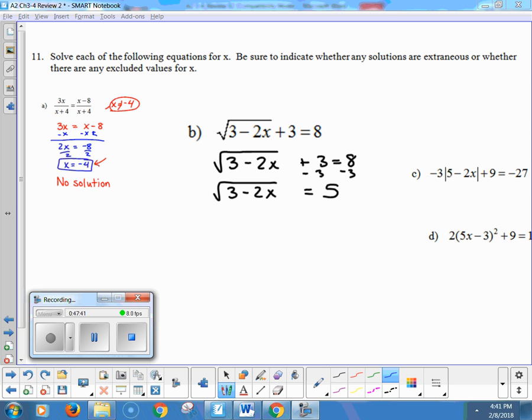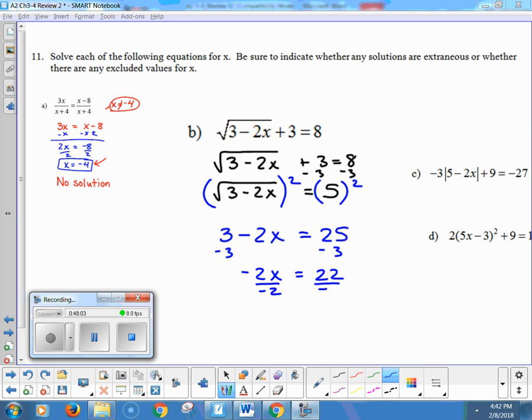And we think to ourselves, Miss Signorati won't trick us again, will she? So we square both sides, we get 3 minus 2x equals 25. Subtract 3 from each side. Negative 2x equals 22. And divide by negative 2, and x equals negative 11.